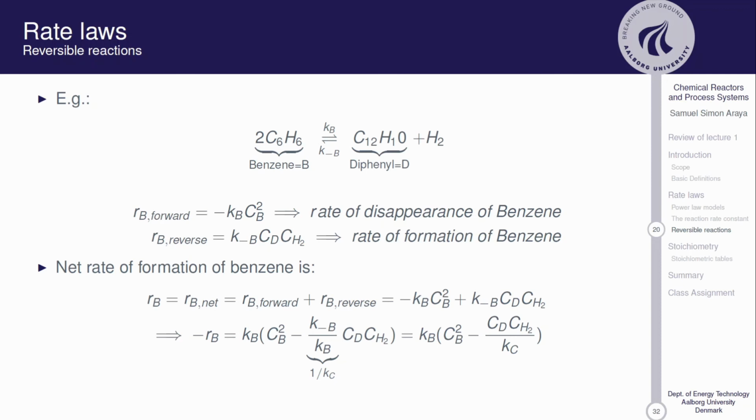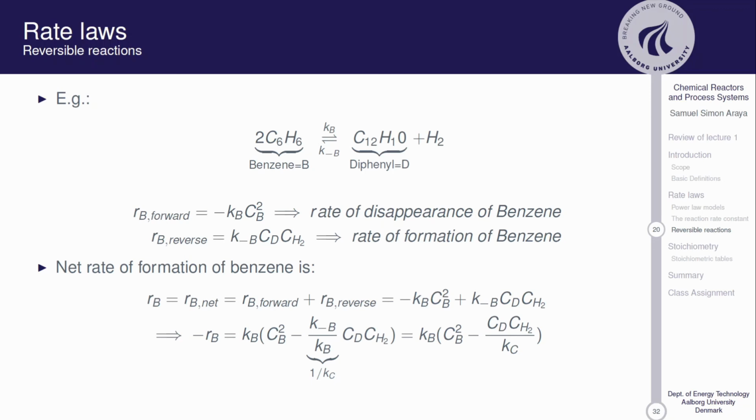Now what's interesting is that at equilibrium, when we don't have the rate anymore, we can set this to 0, and if we rearrange this, what we get is exactly what we got from the thermodynamic expression.